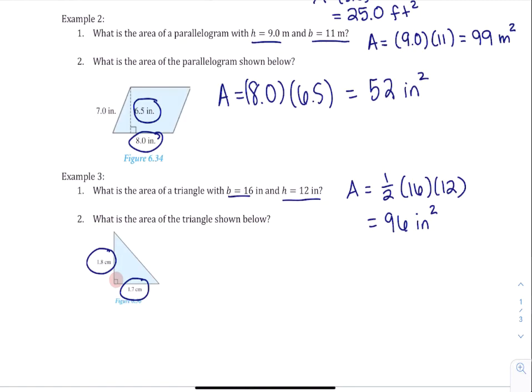And so that tells us that we can, in fact, use the 1/2 base times height formula. It doesn't matter what order you multiply in. Multiplication can be done in any order. And so this is going to have an area of 1.53 square centimeters.